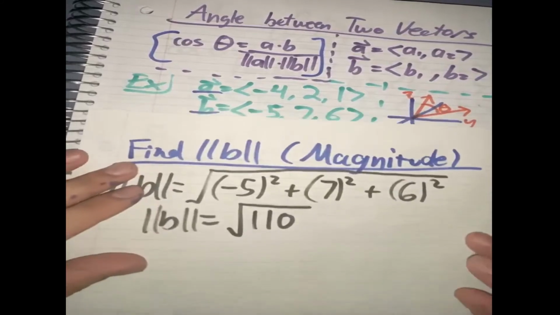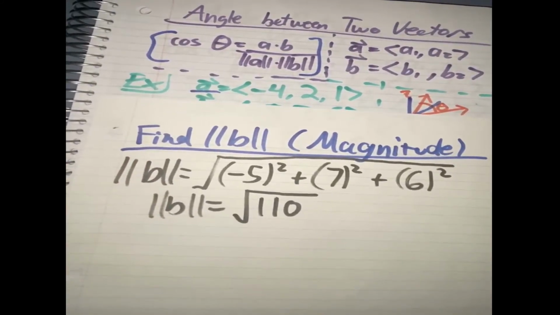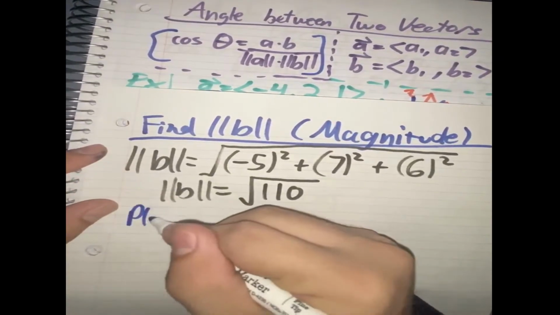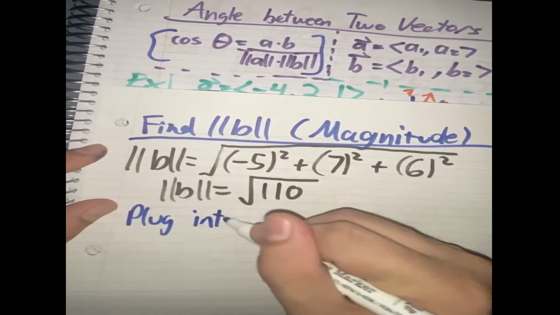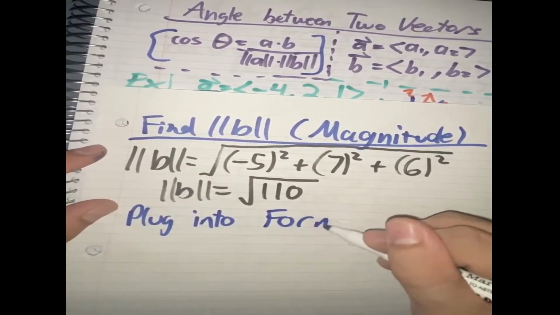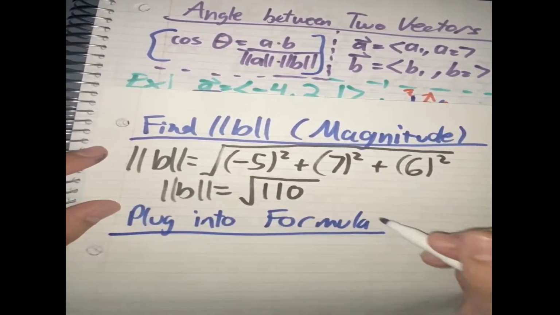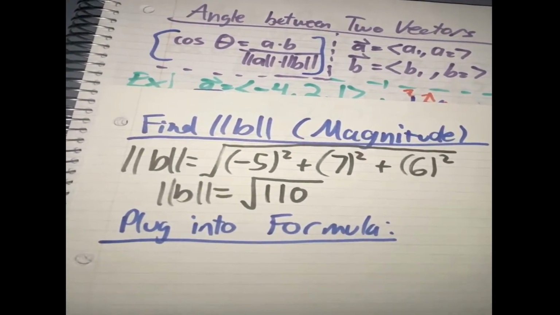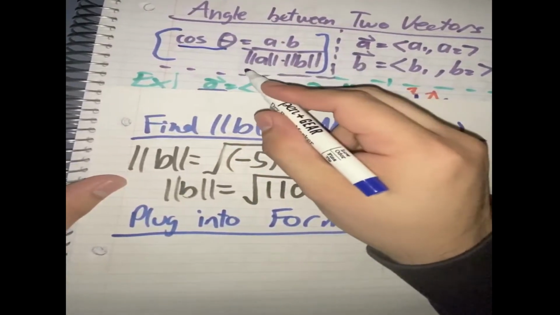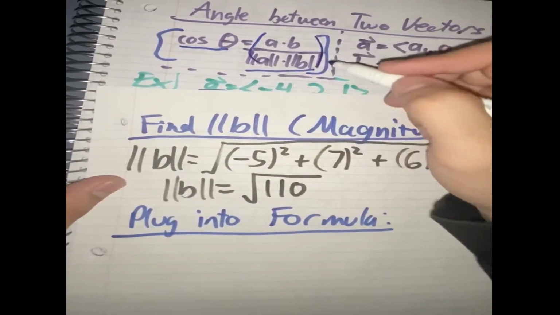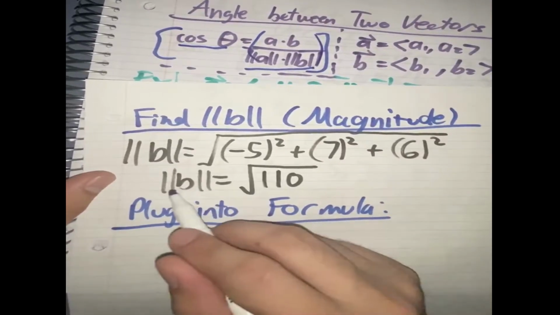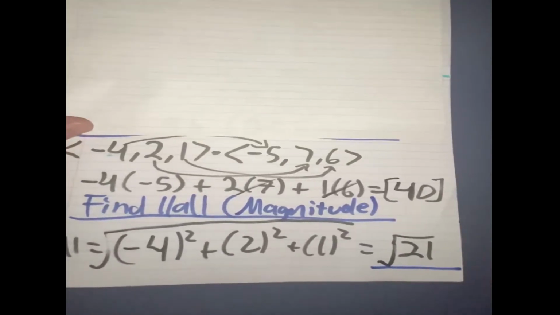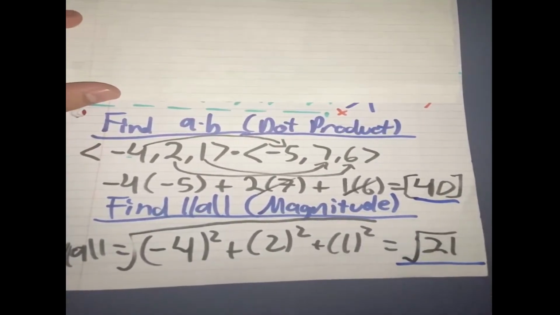Now that we have this, the next step is to plug them into the formula. Right here, we are given this formula: cosine theta is equal to this thing. Now we have all the components. We have the magnitude of B, we have the magnitude of A, which is the square root of 21, and we have the dot product, which is 40.